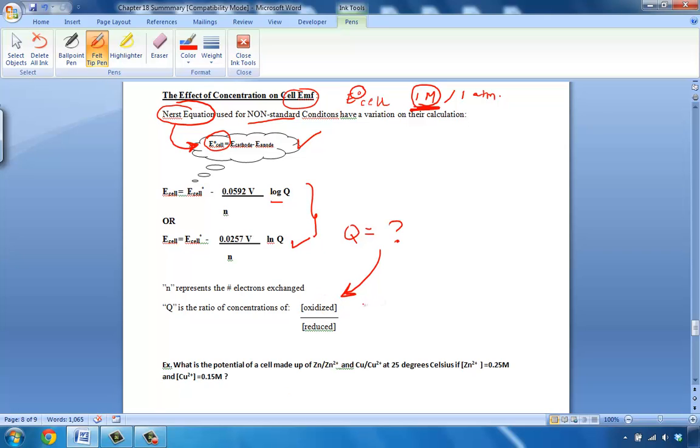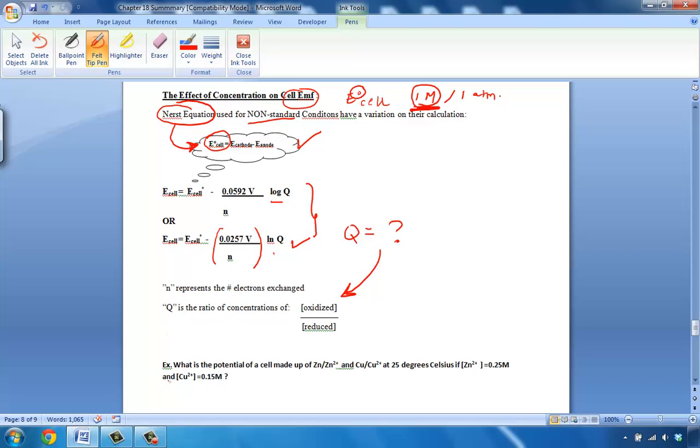So once you determine what your cathode is, your reduced substance, that is the concentration that you will place here in the bottom of your fraction. At the top, the numerator will be the concentration of your oxidized substance. Take the ratio, the natural log of it, multiply by this value, and then take the whole product of that and subtract it from the E naught of the cell.